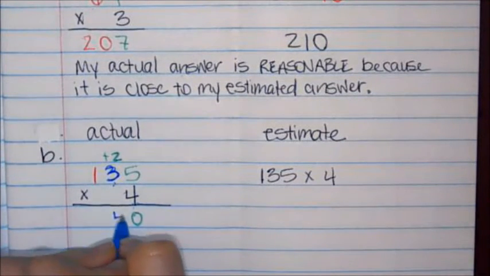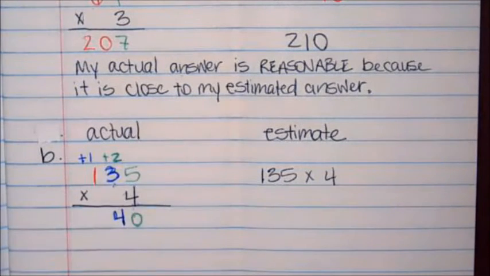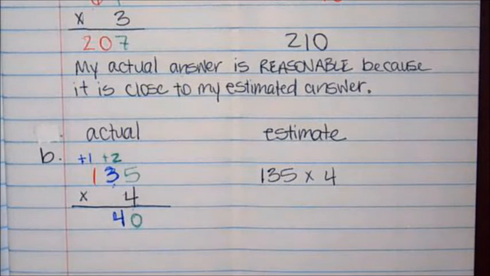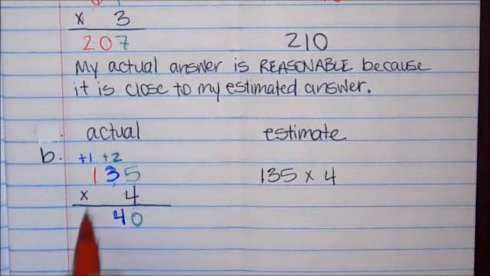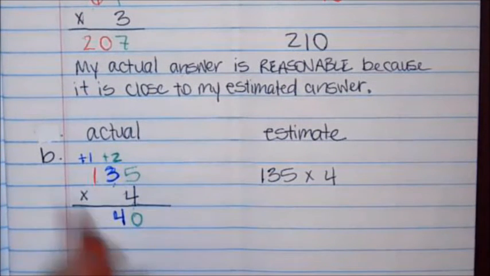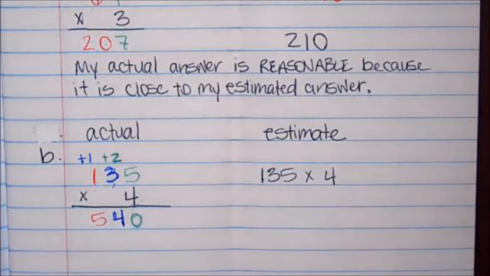So I put a 4 in the tens place and regroup the 1 into the hundreds place. Now I will do 4 times 100. My basic math fact is 4 times 1, which is 4, and add on 2 zeros, that's 400, plus 100, which is 500. So, is my solution of 540 reasonable?